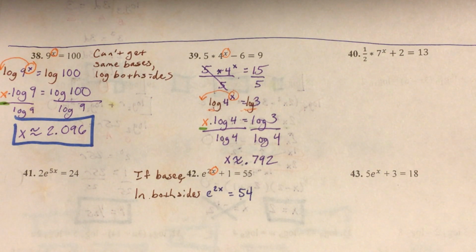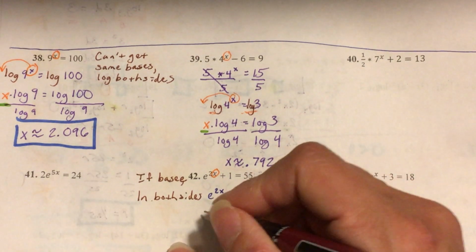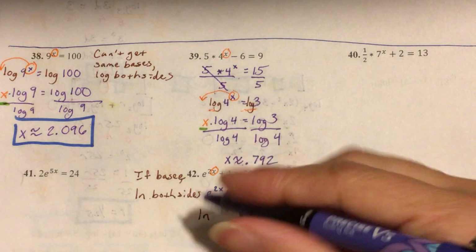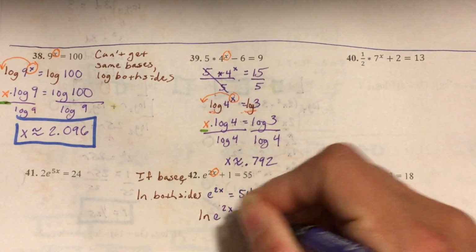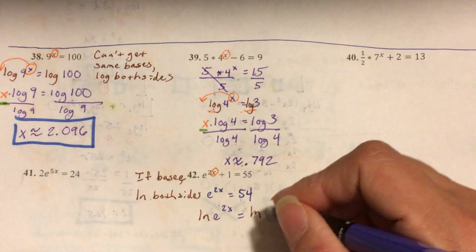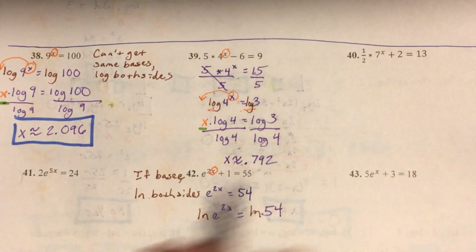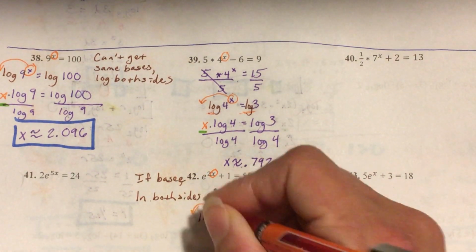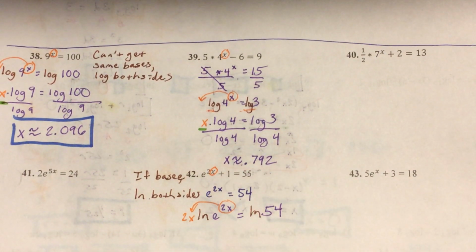The reason why we want to natural log both sides is you'll remember in our simplifying rules, natural log and E cancel each other out, so it makes it a little more friendly to type in on our calculator. So if I natural log both sides, that still allows me to move this out in front as a coefficient, so 2x.